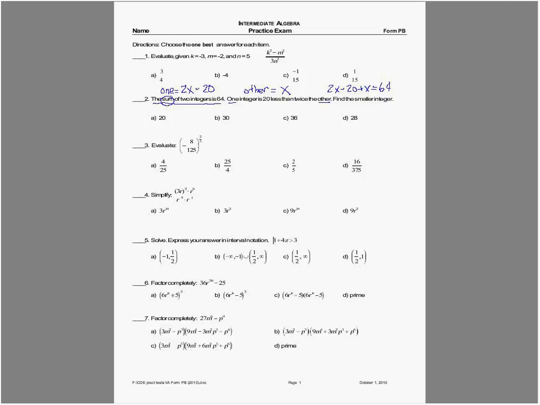We're going to combine like terms. 2x plus x will get 3x minus 20 equals 64. Move that 20 over, so we're going to add it to both sides. Plus 20, 3x equals 84.